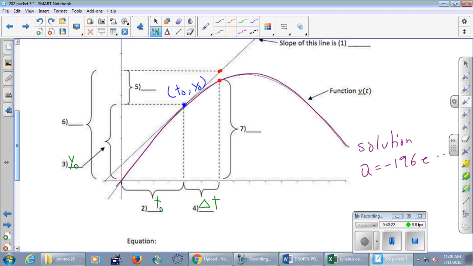Okay, let's fill in number 7 right now. 7 is the actual value of our formula that we don't have. That purple big formula is named y. So this guy right here is really y of what? It's the original t0 plus the delta t. That's the actual value, the thing we want but can't have.